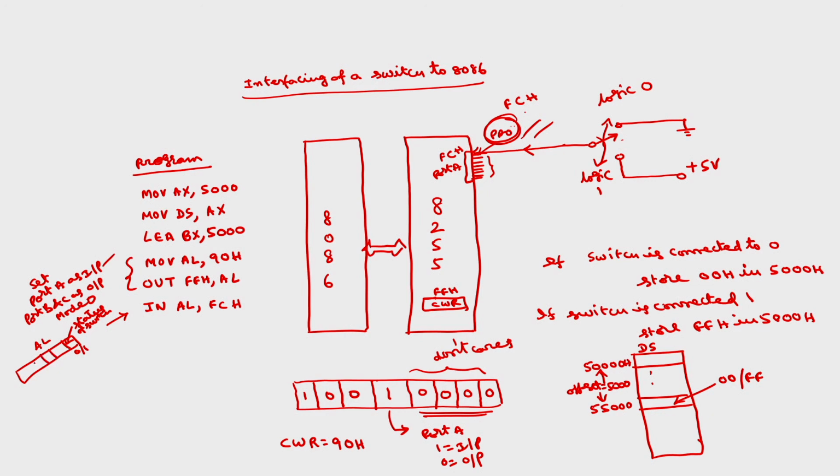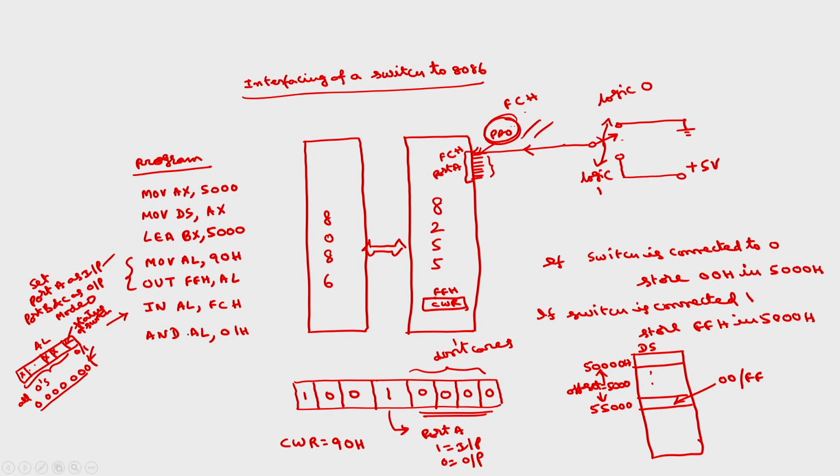The remaining 7 bits are don't cares, so I will make them all zeros. For that I am doing AND AL, 01. You are ANDing with 0 0 0 0 0 0 0 1, so this bit remains the same, whereas all the remaining bits become zeros.